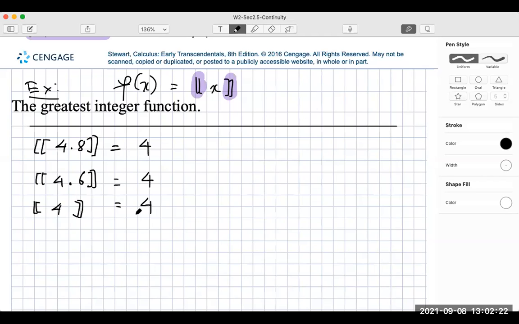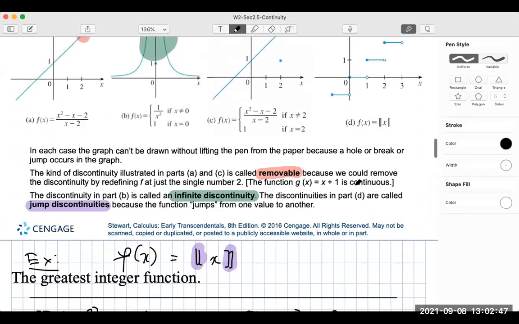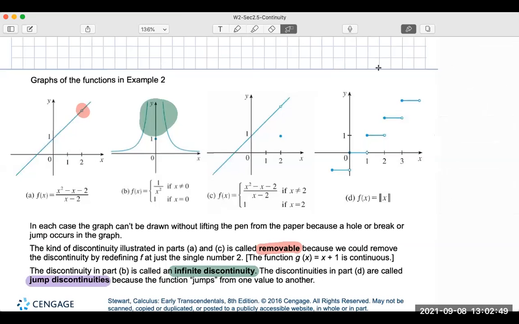Okay, just a definition. So now, quickly, the greatest integer of 3.4. Good job. Greatest integer of pi. Yes. Very good. Just a new name for this. And this is the graph of this function.